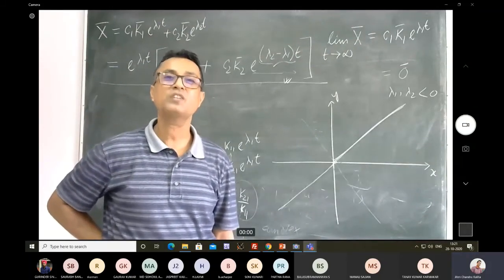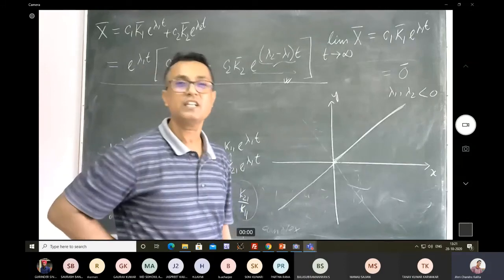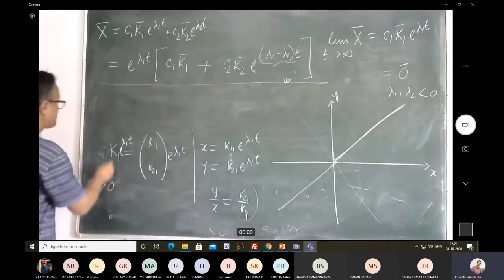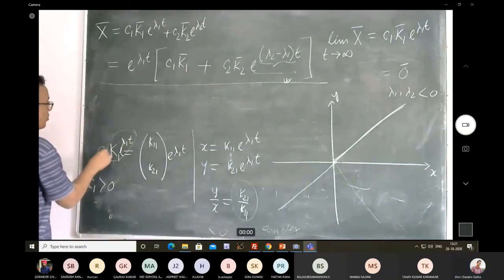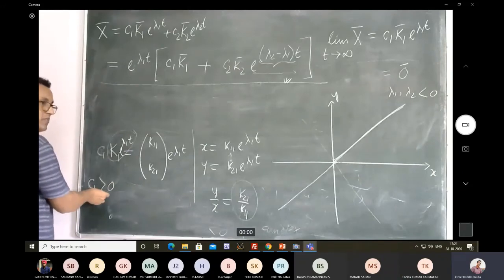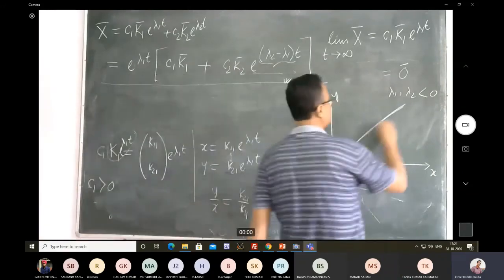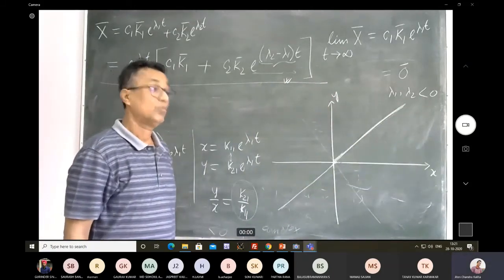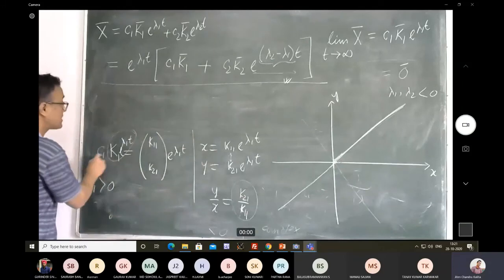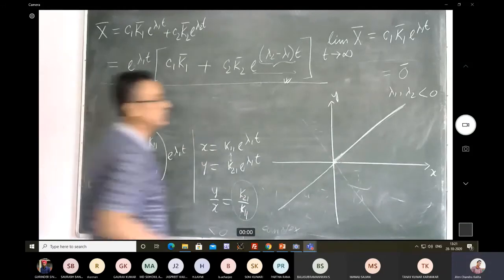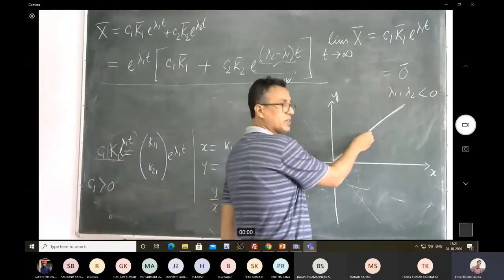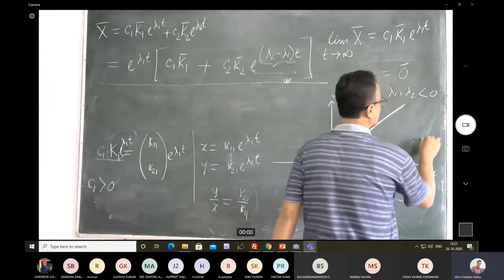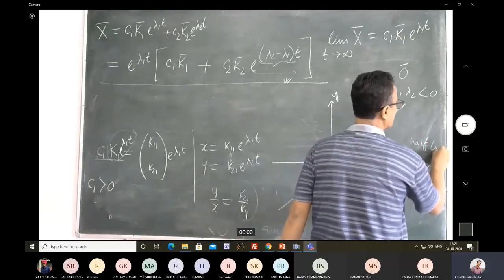If the slope of the line is positive and I multiply this vector with C1, which is positive, then definitely I will have a line lying in the first quadrant. That is why they are called half lines.